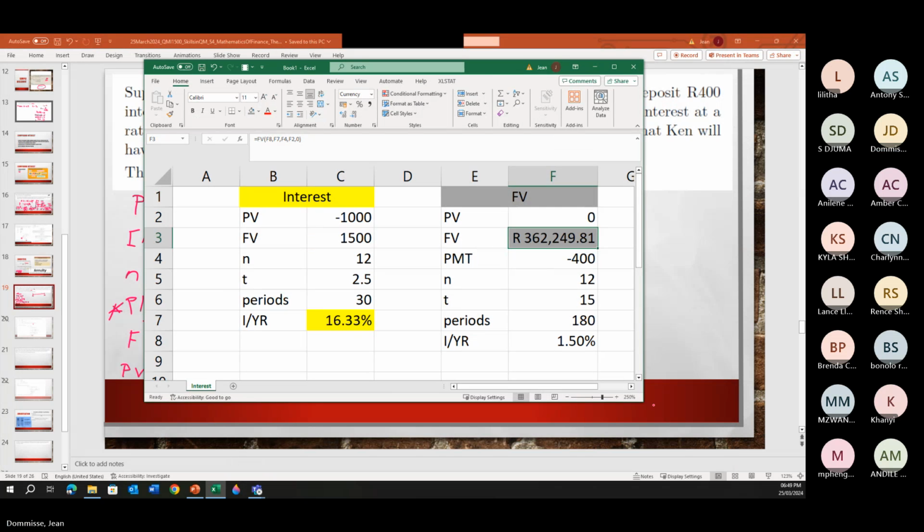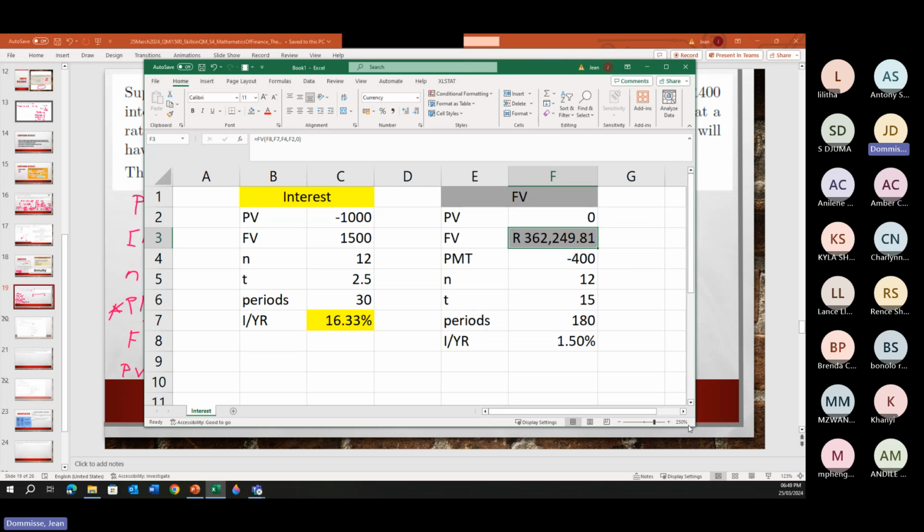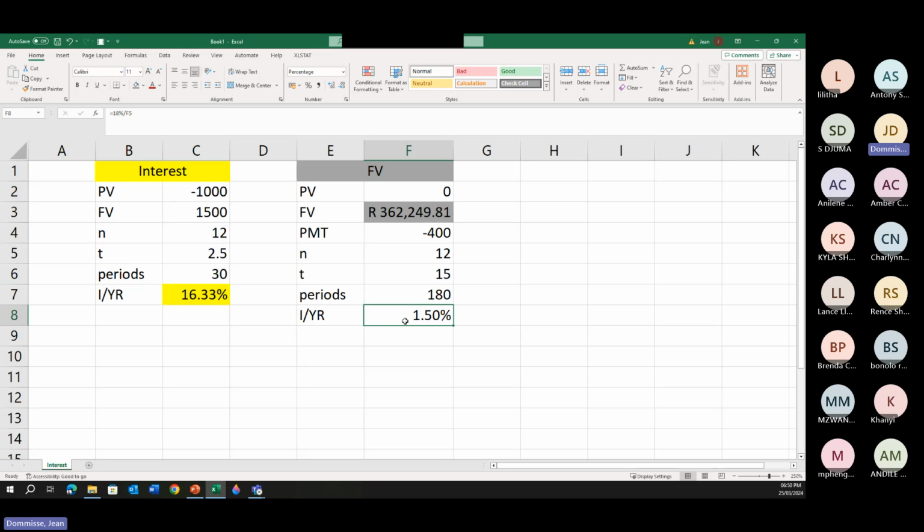So again, here, like Kanye, what you said, Excel is in this instance not clever enough to pick up that it's monthly. So you need to tell it with the interest rate that it is a monthly interest rate. So that's the big difference between Excel and your financial calculator.